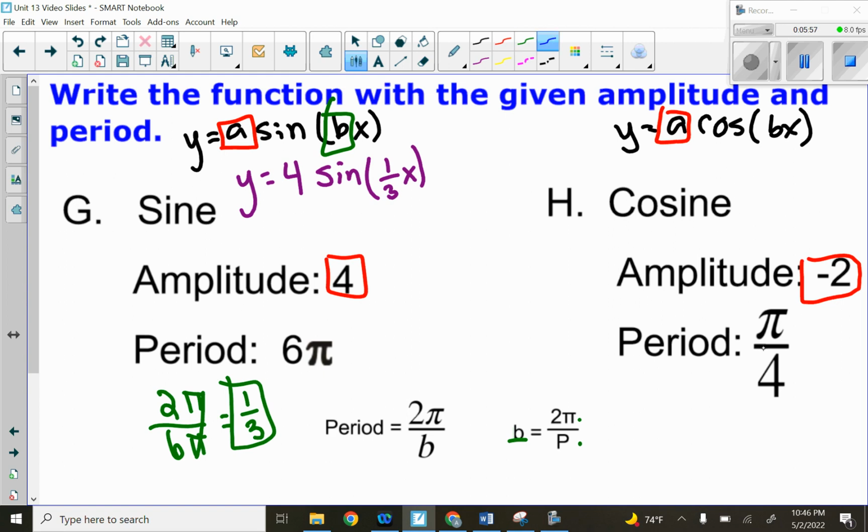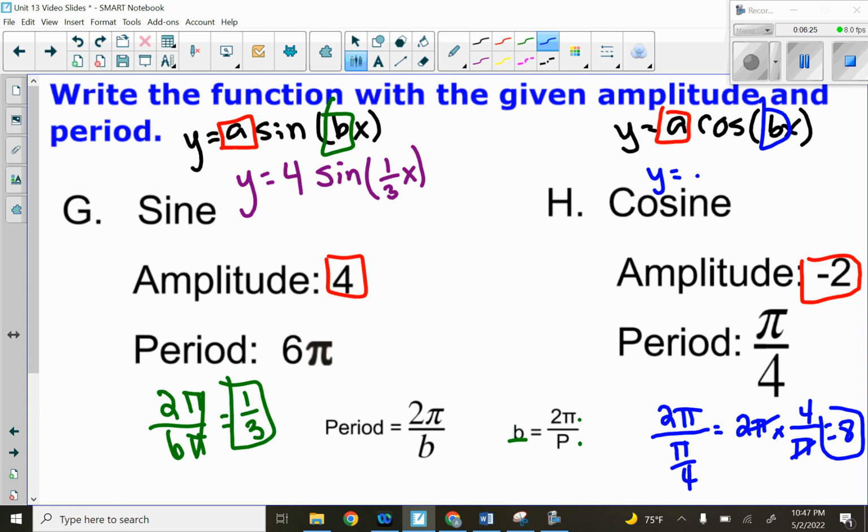And we have to do a similar process. 2 pi divided by pi over 4, which gets a little tricky. 2 pi times, we multiply by the reciprocal, 4 over pi, pi still cancel, and we get 8. So that is what's going to go in place of b. Y equals -2 cosine of 8x.